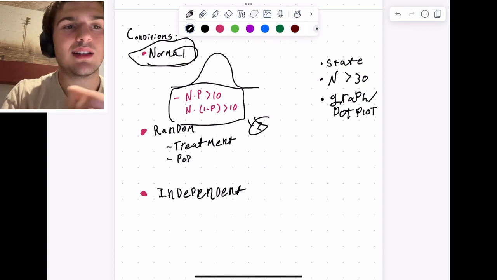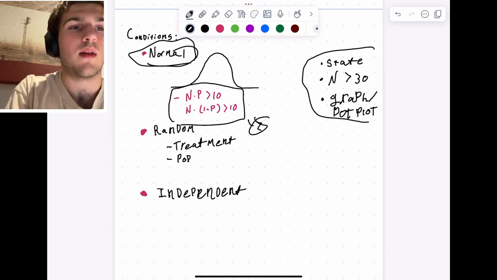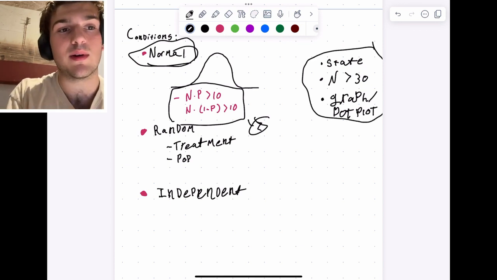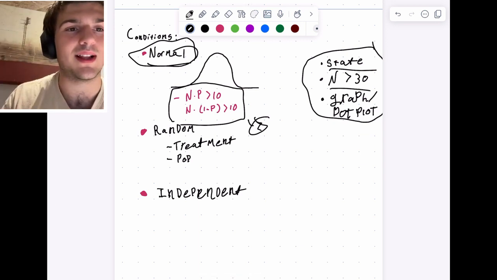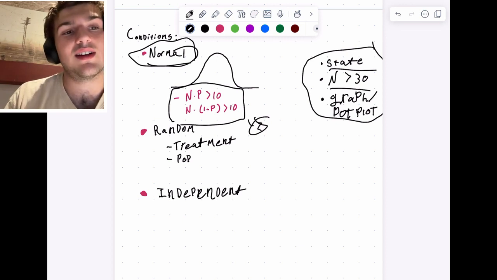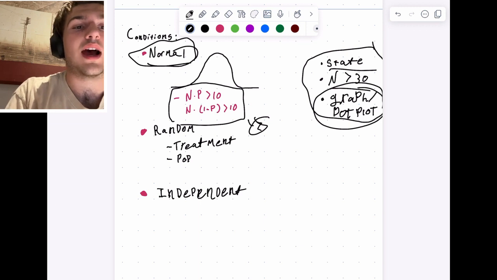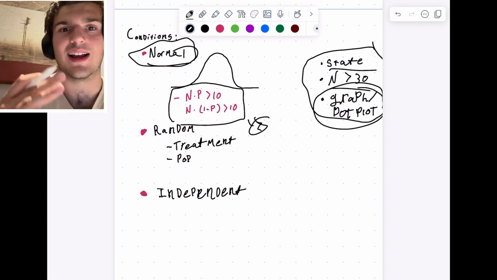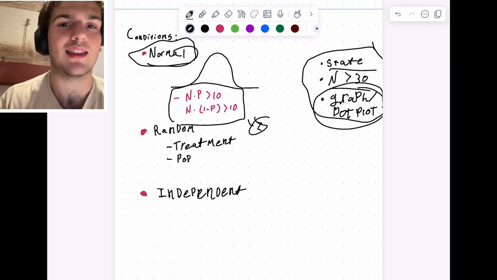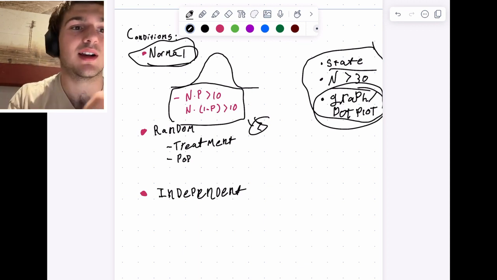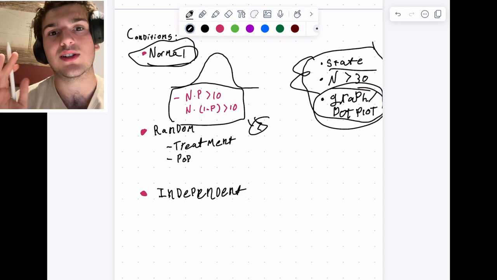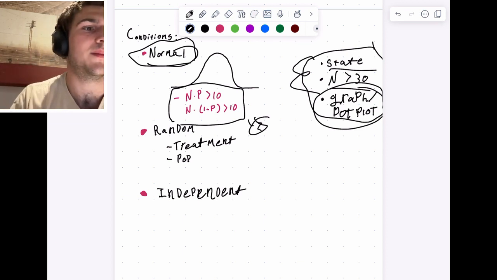It gets a little different for our means and our t-tests. We want to check first if it's stated, then if our sample is greater than 30, and if the graph or dot plot just doesn't show irregularities, could slightly indicate that it's normal. We really want to perform these tests, so we're going to go through all three of these measures and try and find a way to perform.